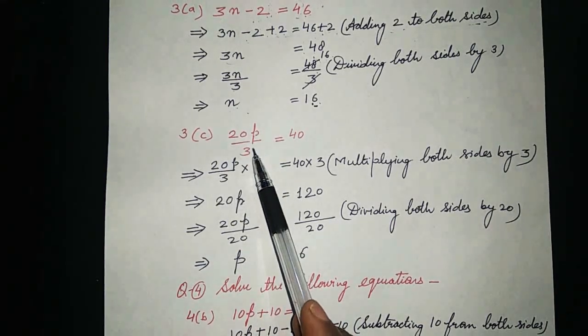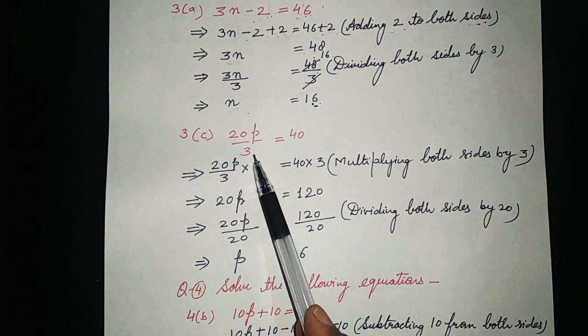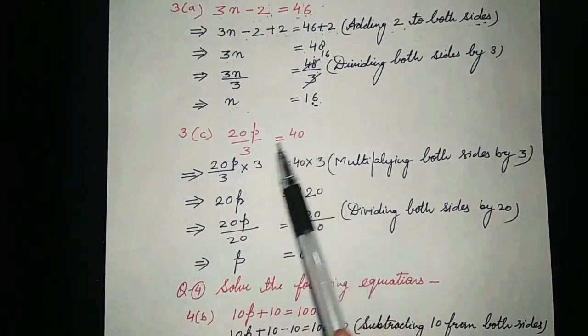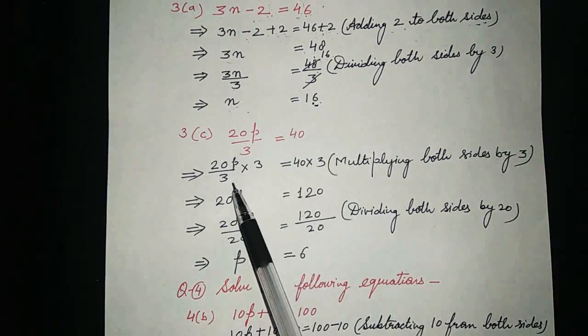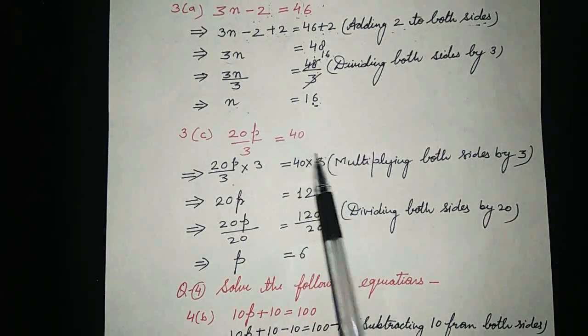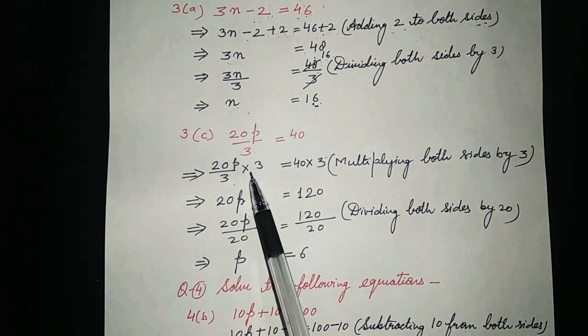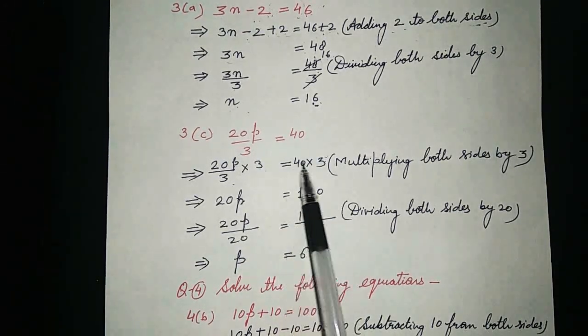So first we will remove this 3. So what we will do on the both sides? We will multiply the same number on both the sides. Here 3. So here we are multiplying both the sides by 3.